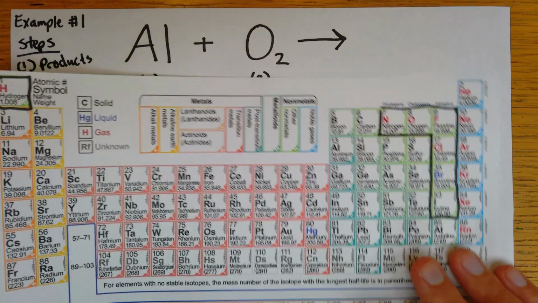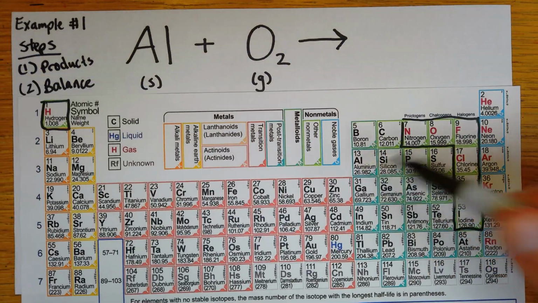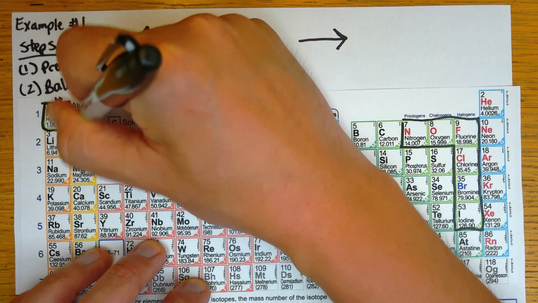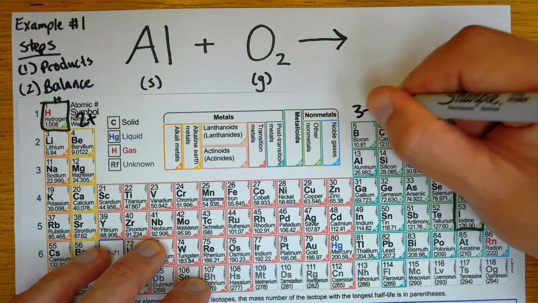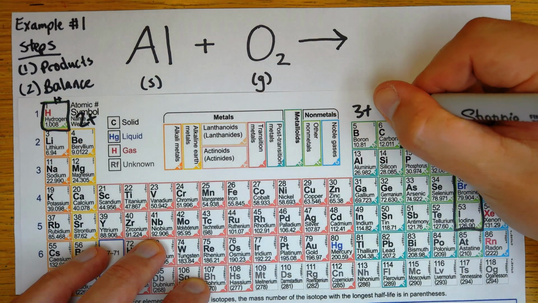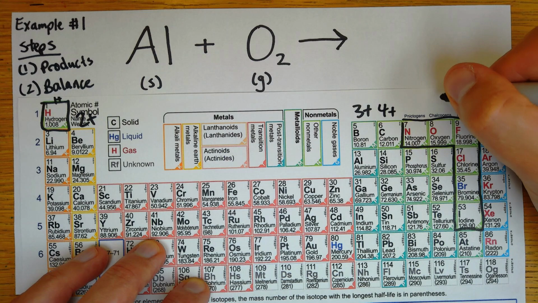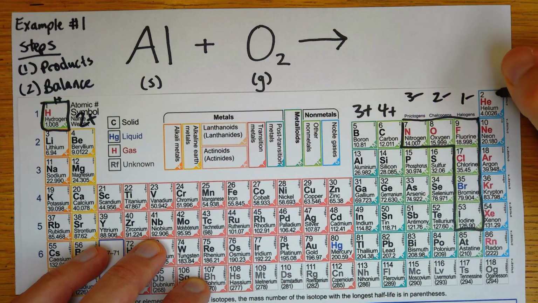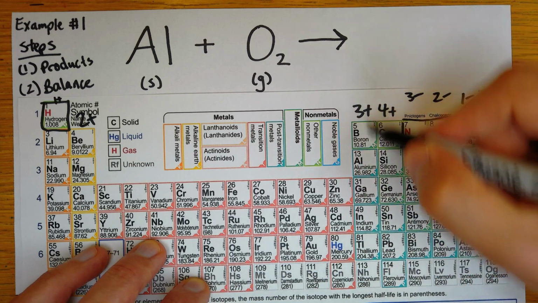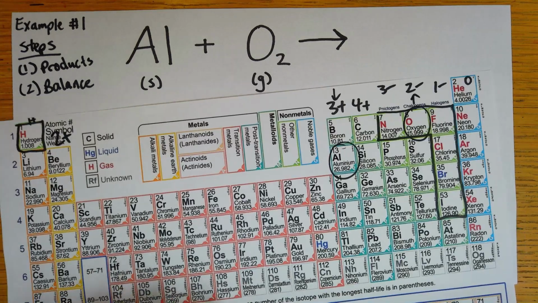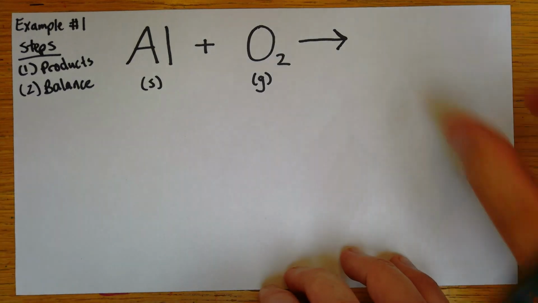All right, so aluminum is in the 3+ column. If you haven't done so already, go to your periodic table and mark it up with the usual charges of 1+, 2+, 3+, 4+, and then 3-, 2-, 1-, 0. Okay, so we needed aluminum in the 3+ column and oxygen in the 2- column. All right, so I'm not going to put in the products yet.